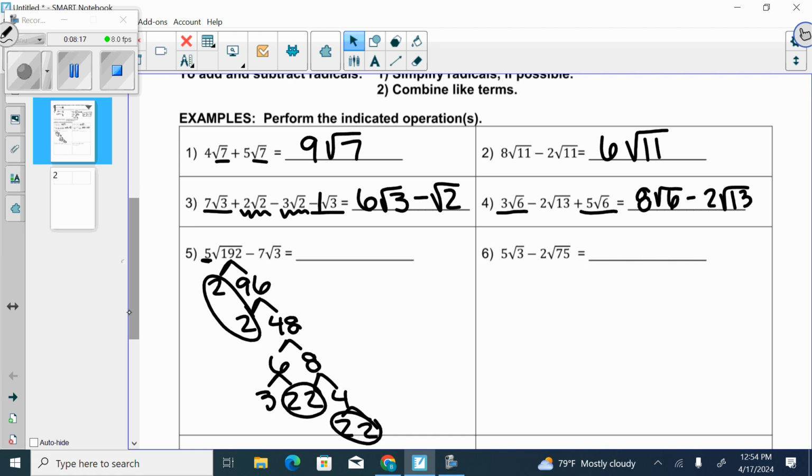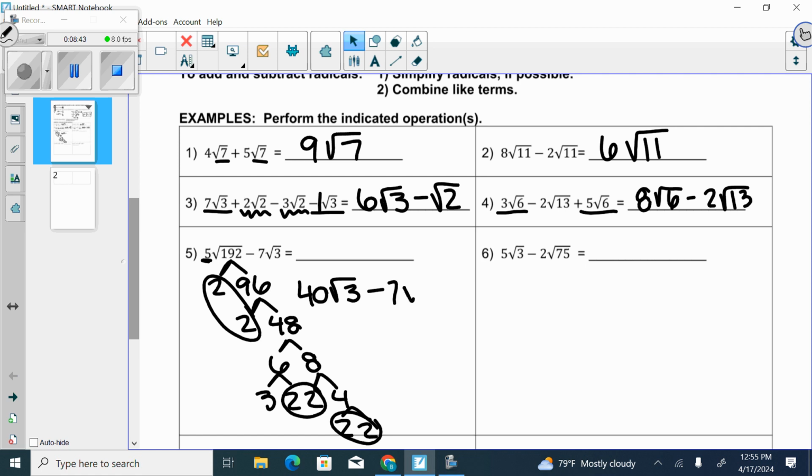Yeah. 2 times 2 is, okay. So what is 8 times 5? 40. Okay, so this is going to become 40 square root of, guys, what was left without a pair? Wait, no, over here when we broke it down. 3.